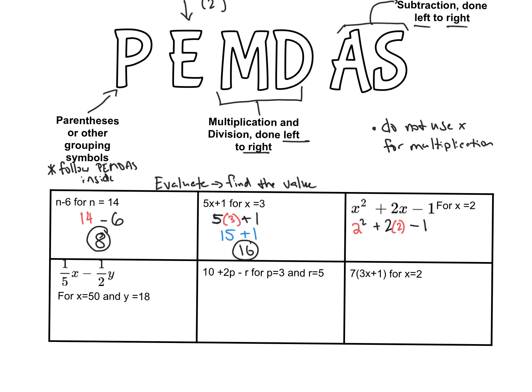And now I'm going to follow order of operations. There are no parentheses, but there are some exponents this time. Okay, so remember 2 to the second means I have 2 times 2, which is 4.